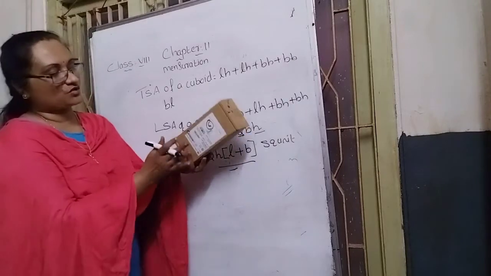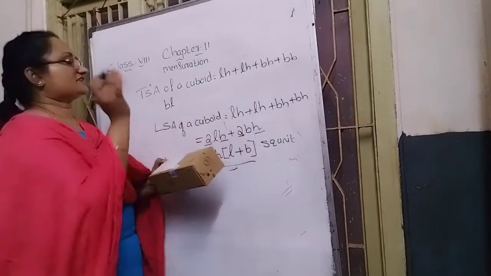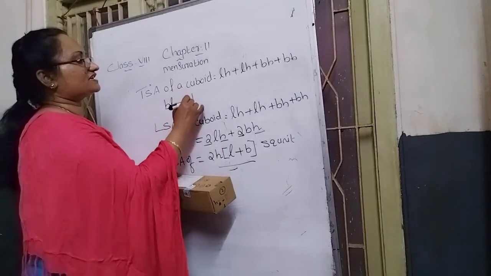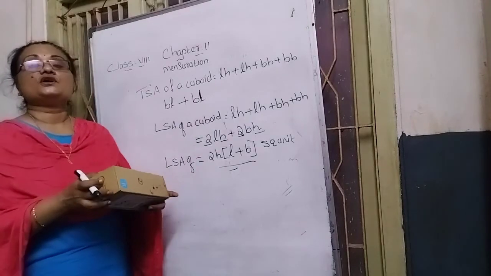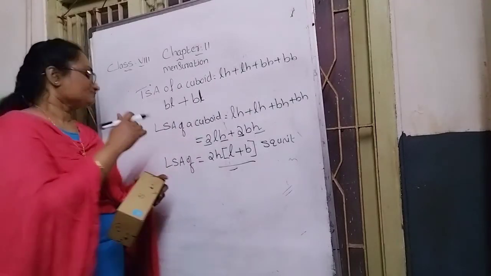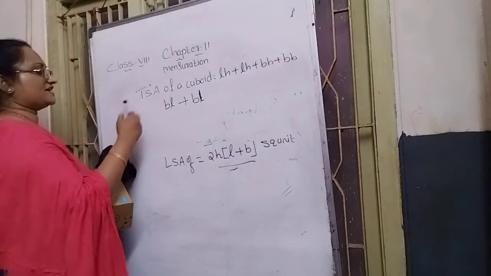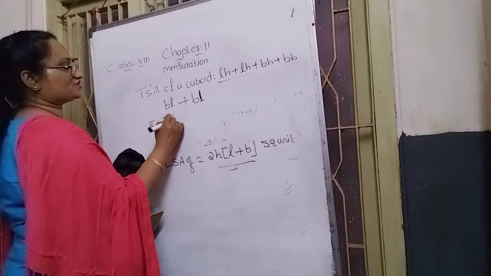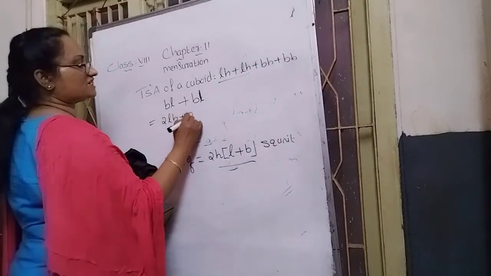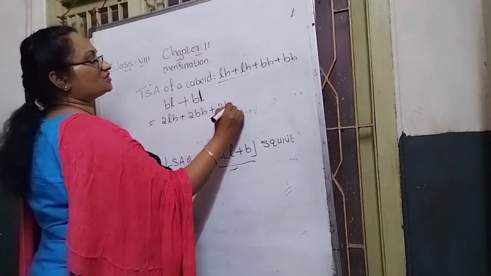That is equal to the bottom part. The top and bottom are opposite sides, so the bottom area is also B into L. Then how many times will it come? 2 times LH, plus 2 times BH, plus 2 times BL.